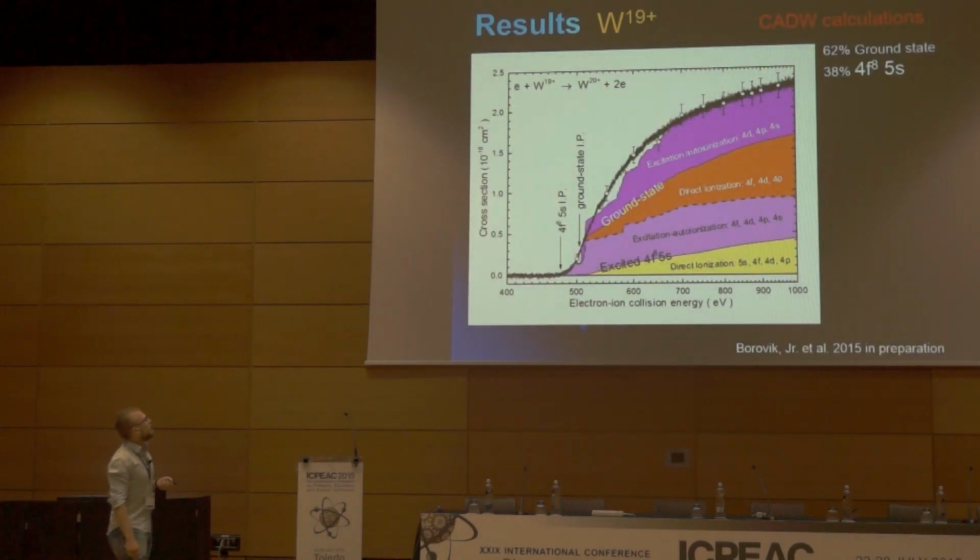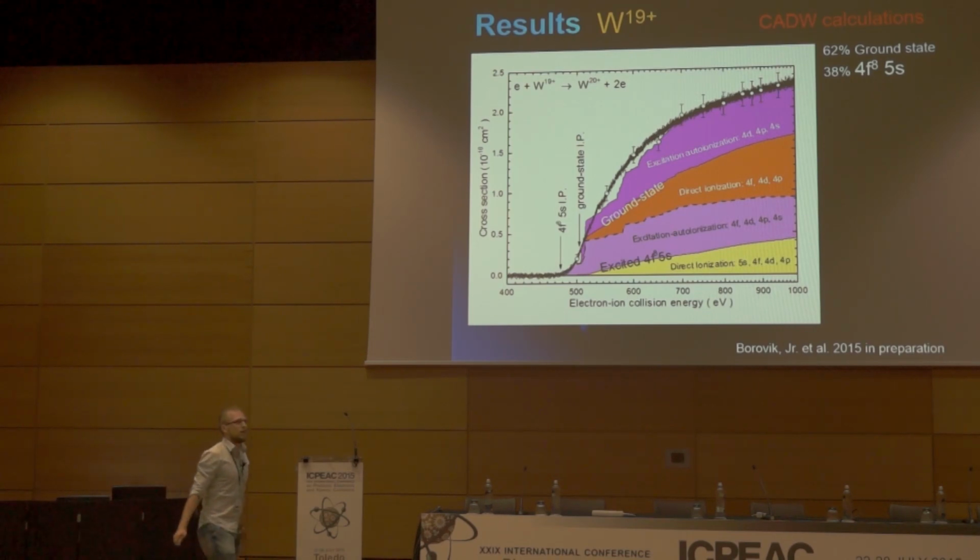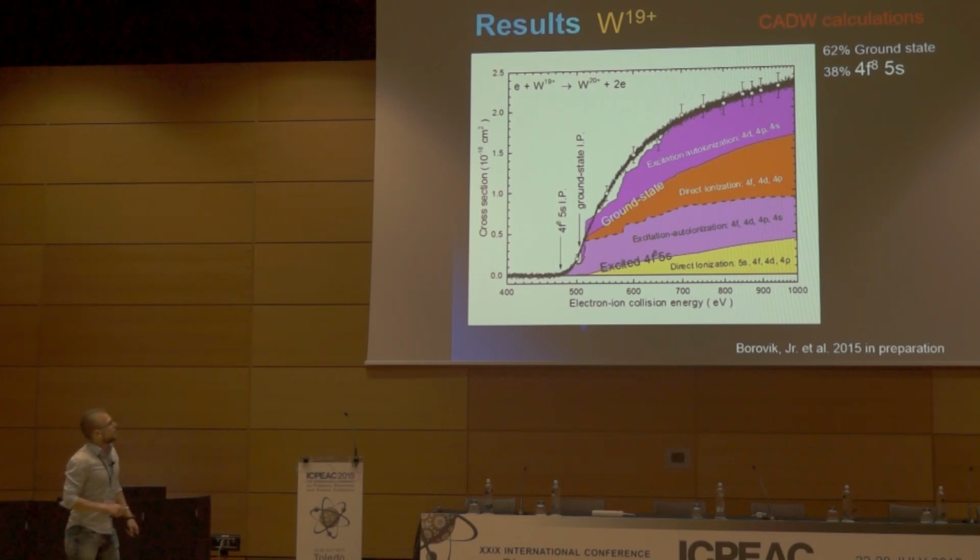And finally, I'll show you the highest charge state we have measured. This is also compared with our calculations, and surprisingly here we got a very good agreement. Here we had to include excitation autoionization processes along with the direct ionization, and we have done this for the ground state as well as for the excited state.